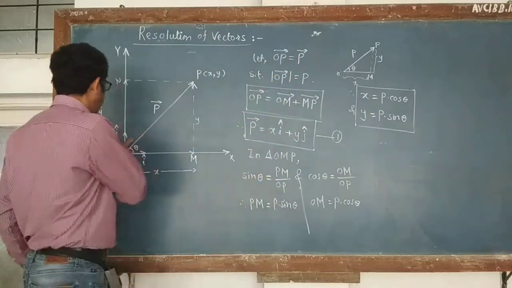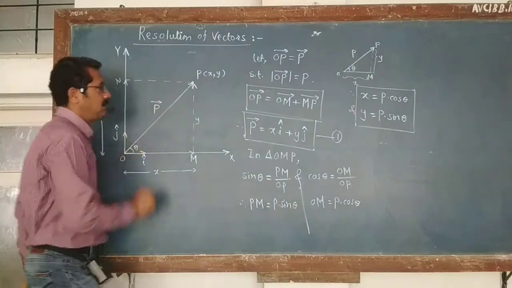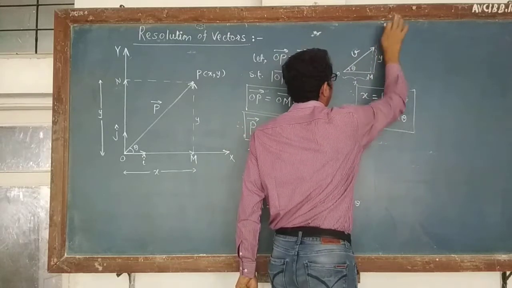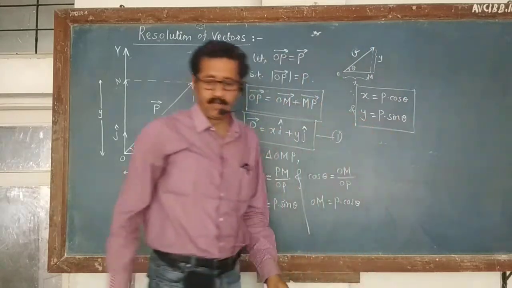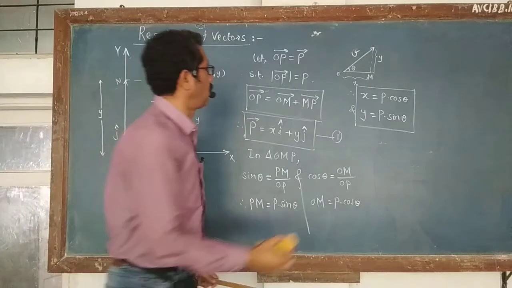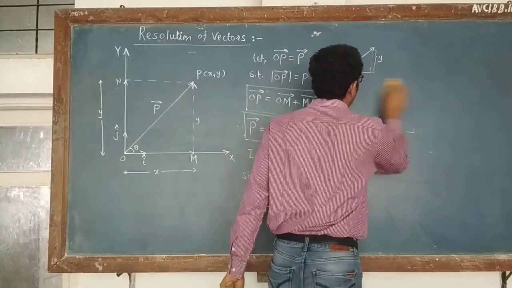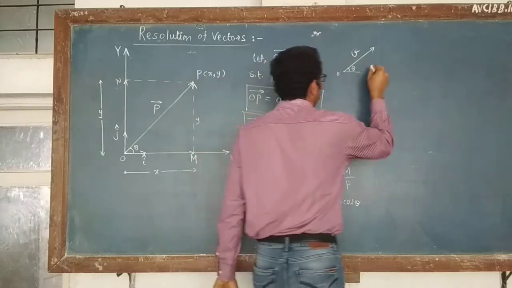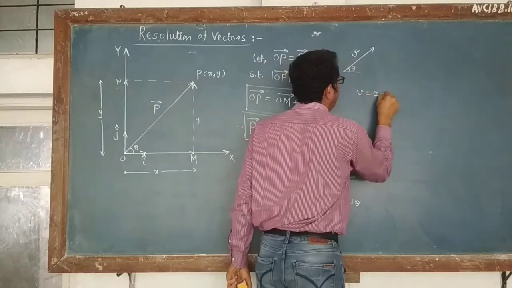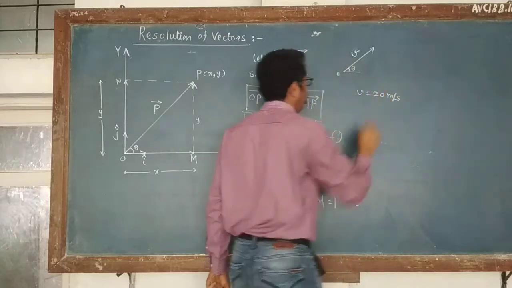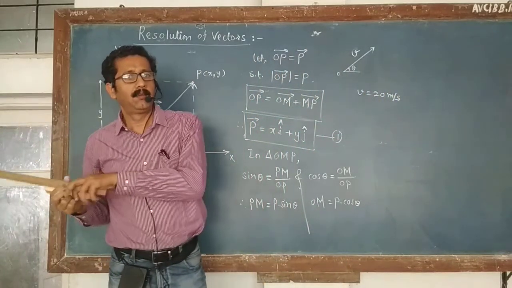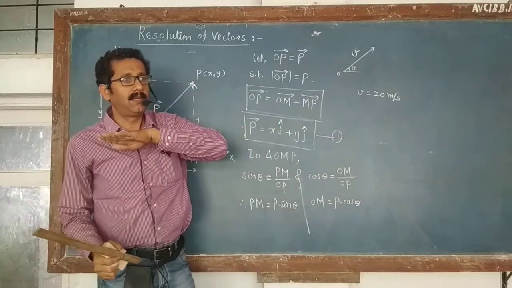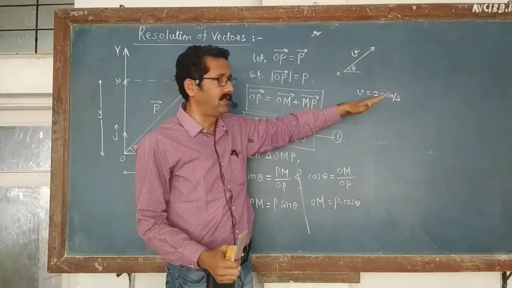If I say an object is thrown in this particular direction, such that now this is something like velocity v, and this velocity v with which the object is thrown is equal to 20 meters per second. I have thrown an object such that it is thrown by making some angle of 30 degree with respect to horizontal.